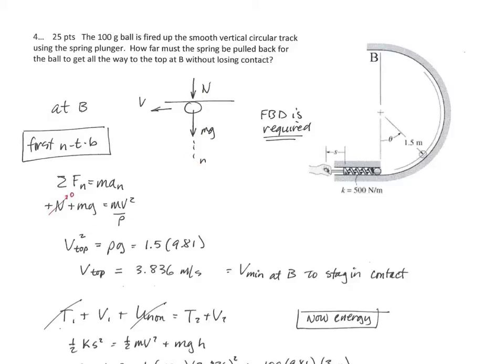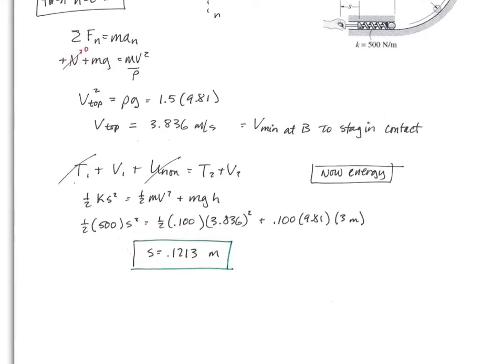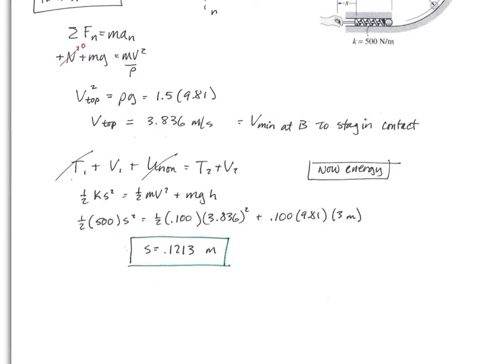Then I'm looking for this equation, sum of the forces in the normal direction, mass times acceleration normal, where the normal force goes to zero. When you do that, you can solve that for the velocity to stay in contact, and now it's just a straight energy equation where you have T1 plus V1 plus U naught is equal to T2 plus V2, and if the datum is at the bottom, I guess I didn't call that out on the picture here, but that's what I was saying, that the datum's on the bottom.